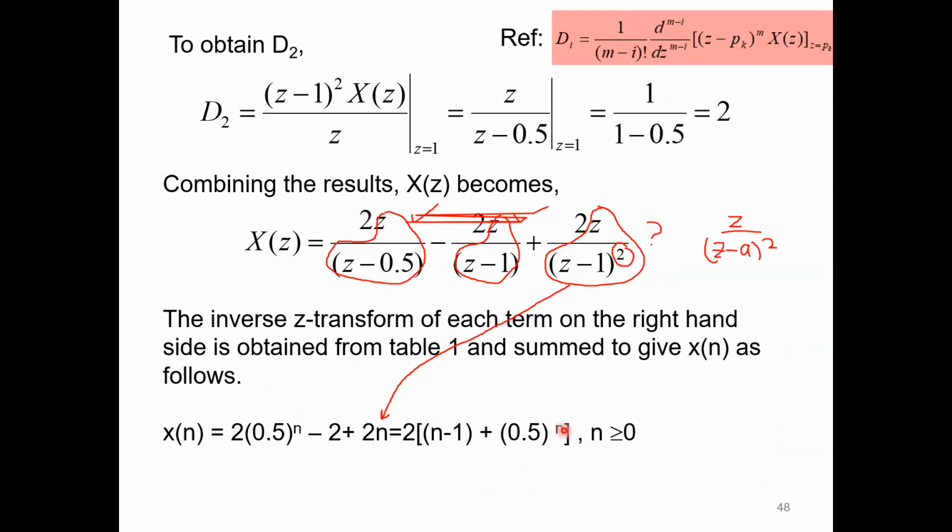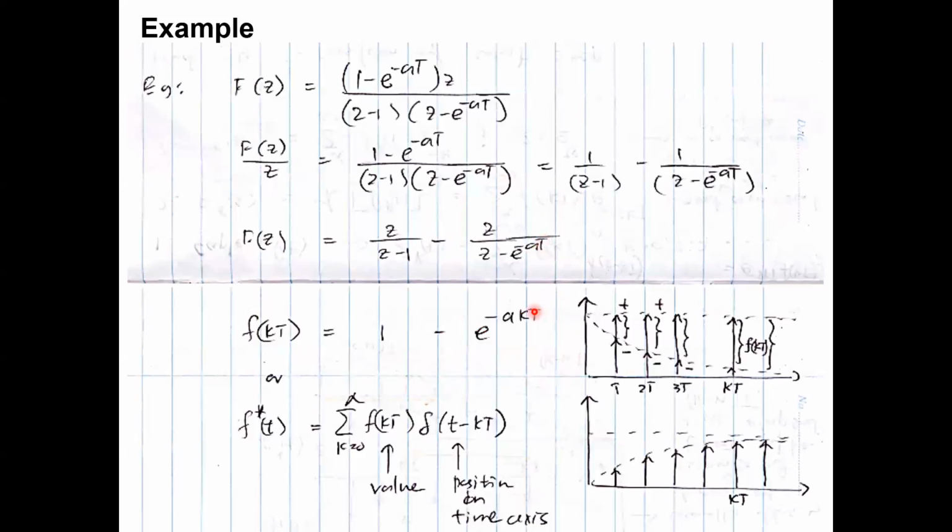Raise it to the power n. Now you can see it over here, z minus 0.5. So you raise this to 0.5 to the n. Very same thing, but I'm sorry about this index being k here. Sometimes I use k as the time index, sometimes n as the time index. So this can cause problems. So I'm sorry about that, but I think you can figure that out.